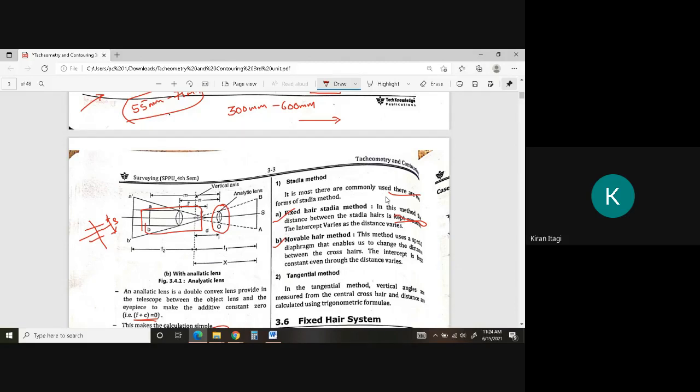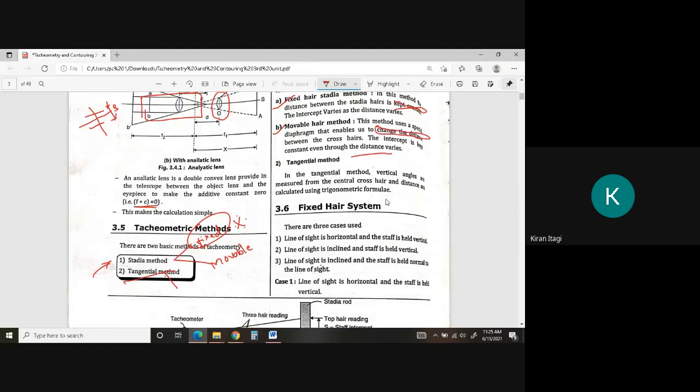In the movable method, the distance of the crosshair can be changed. Here a special diaphragm enables us to change the distance between the crosshair, and the intercept is kept constant even though the distance varies.